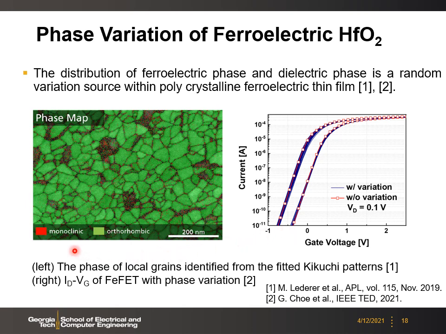The image here shows a measured phase map, consisting of a mixed monoclinic phase and orthorhombic phase. As the active device area scales, the variation tends to become more significant.